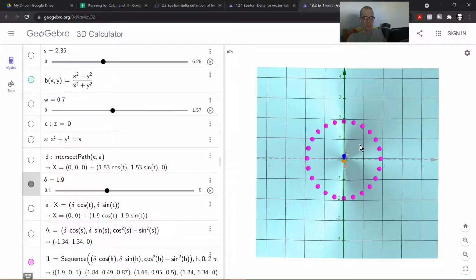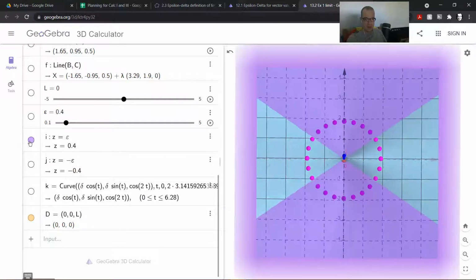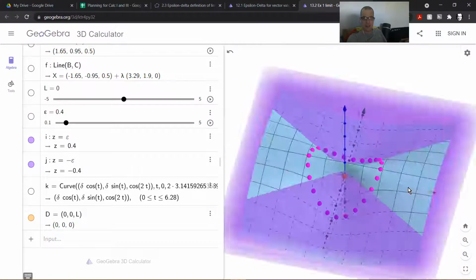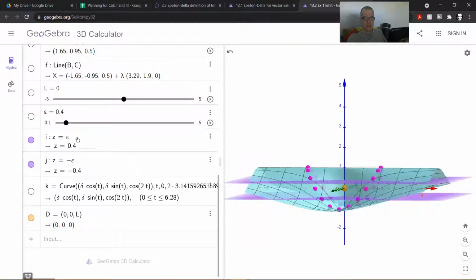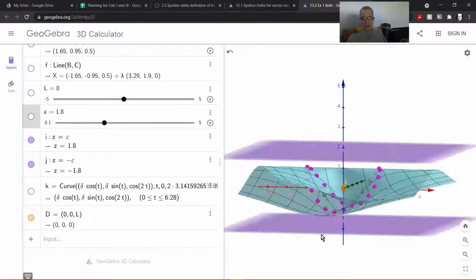Corresponding with this two-dimensional ball that is constricting, we've got some z values. So I plot z equals epsilon and z equals negative epsilon. Yeah, and these are our error bounds.